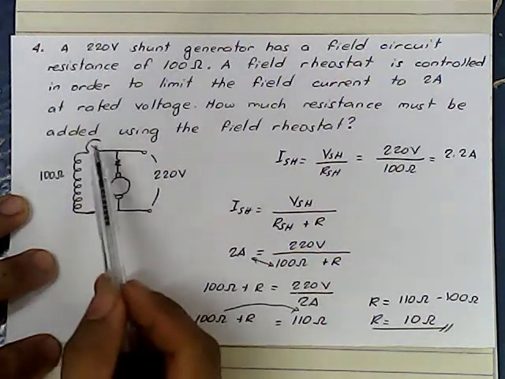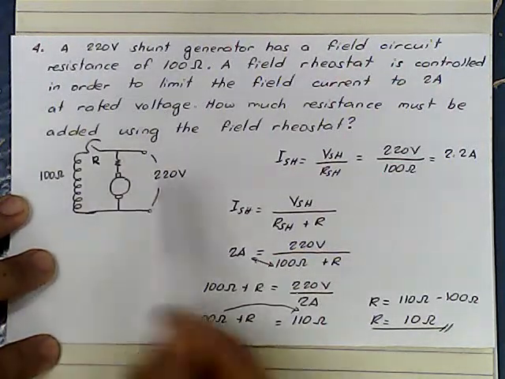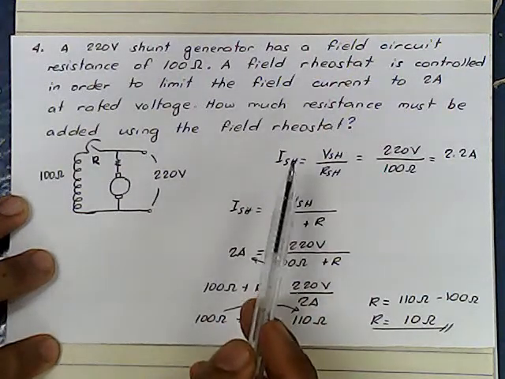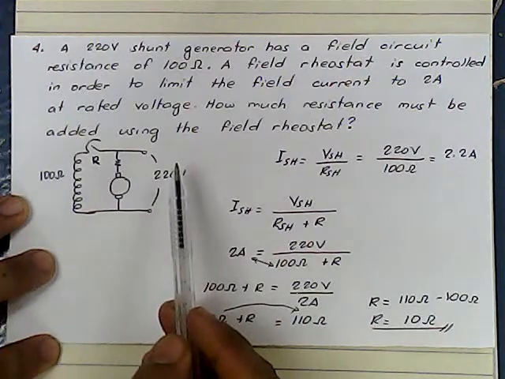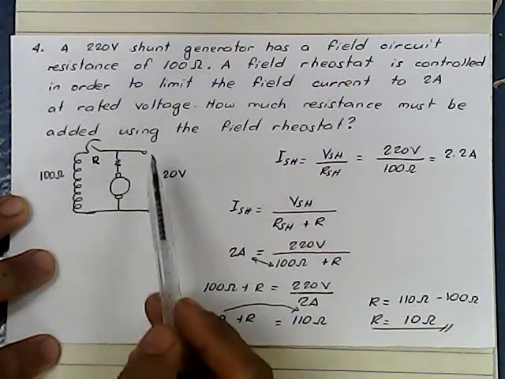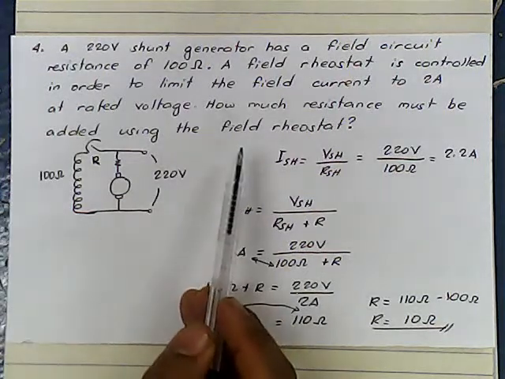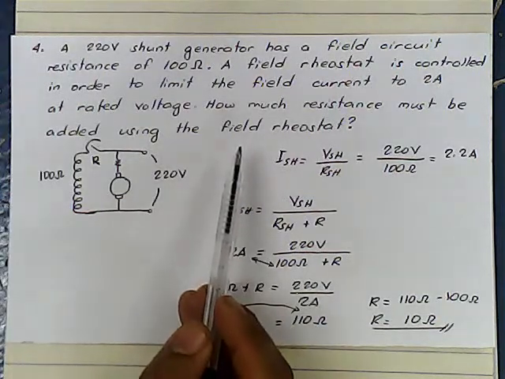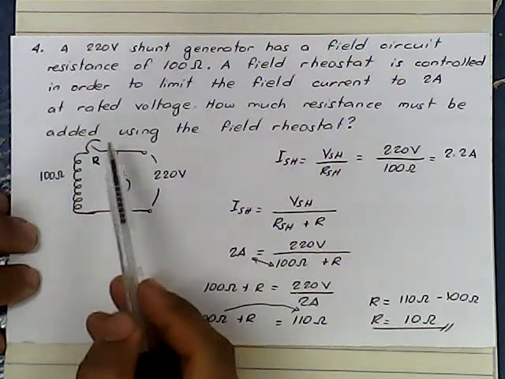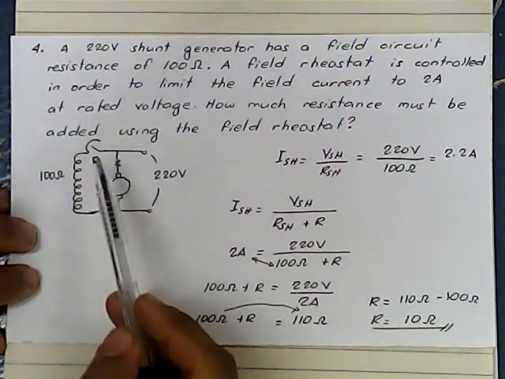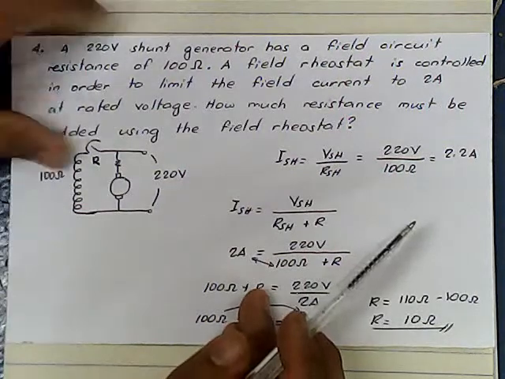Kasi kung wala yung field resistance, yung computation niya palagi nandito lang po yan. Nakabase yung kuryente doon sa value ng resistance and yung terminal voltage natin. Ngayon, pwedeng magbago yung terminal voltage, nakadepende doon sa loadings natin. Pero, practically, kung gusto nating control yung ating system, kinakailangan nating maglagay ng field rheostat doon.